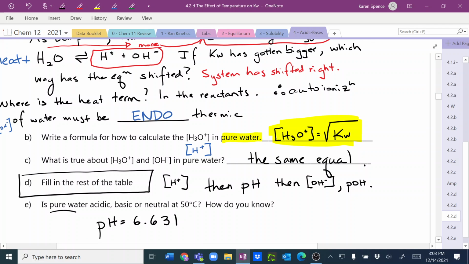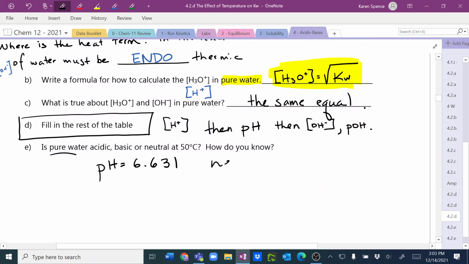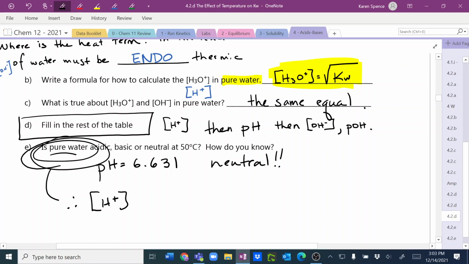But the magic works. Yes, this is neutral. But we are so programmed into thinking that 7 is neutral that we see that and we're like, oh, it must be acidic. But the key is that it is pure water, and therefore hydrogen is equal to hydroxide, and therefore it is neutral, and actually neutral pH at 50 degrees is 6.631.